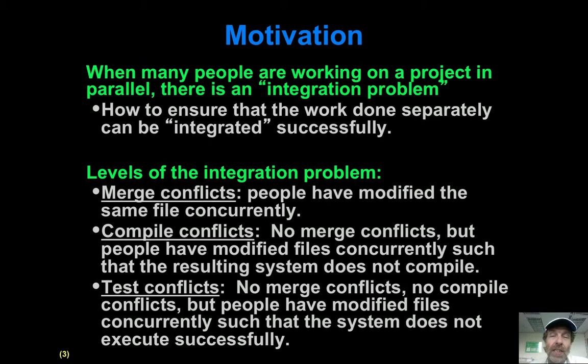A third level is test conflicts, and that's when everything compiles and everything kind of runs, but there's been concurrent changes to the system such that the tests don't pass. So maybe you were relying on a method which did some kind of computation, returned some value, and then someone unwittingly made a change to that class.